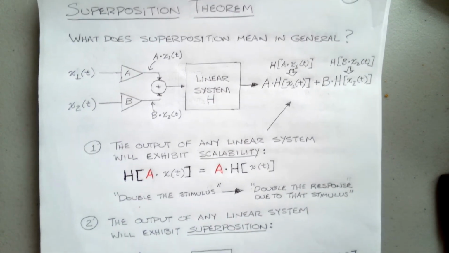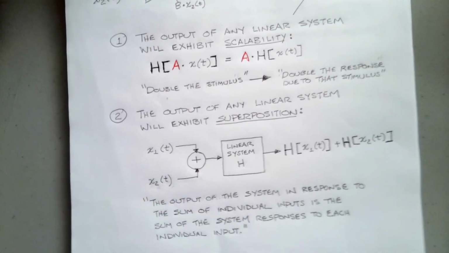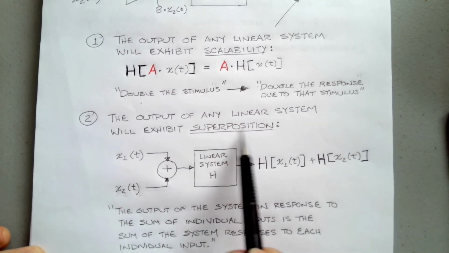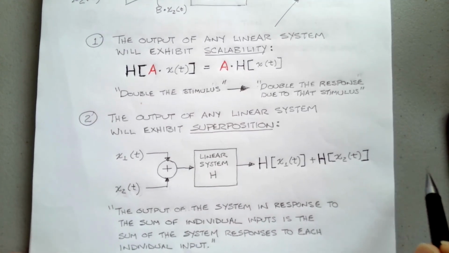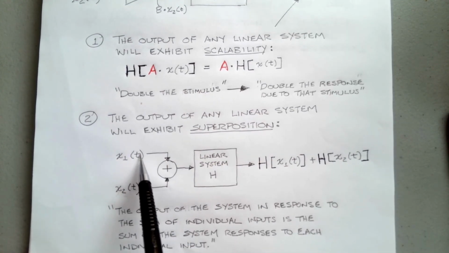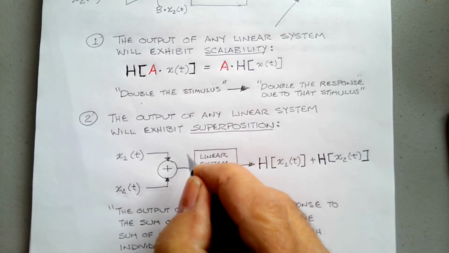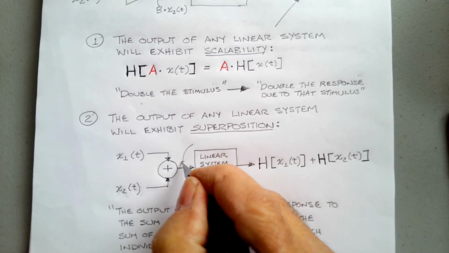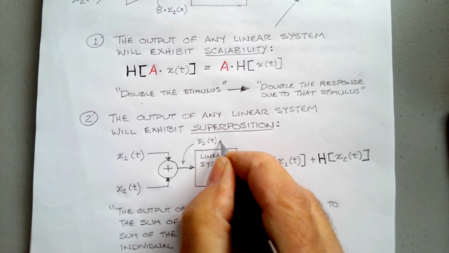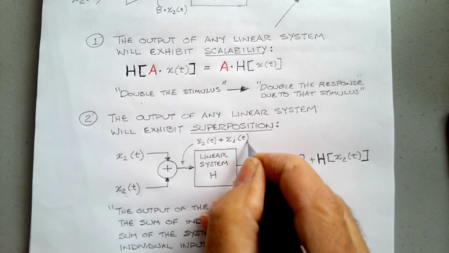The other part of being a linear system is this property called superposition. So if I look at this system, I'm going to put in x1 of t and x2 of t, and I'm going to add them together. So this input is equal to x1 of t plus x2 of t.